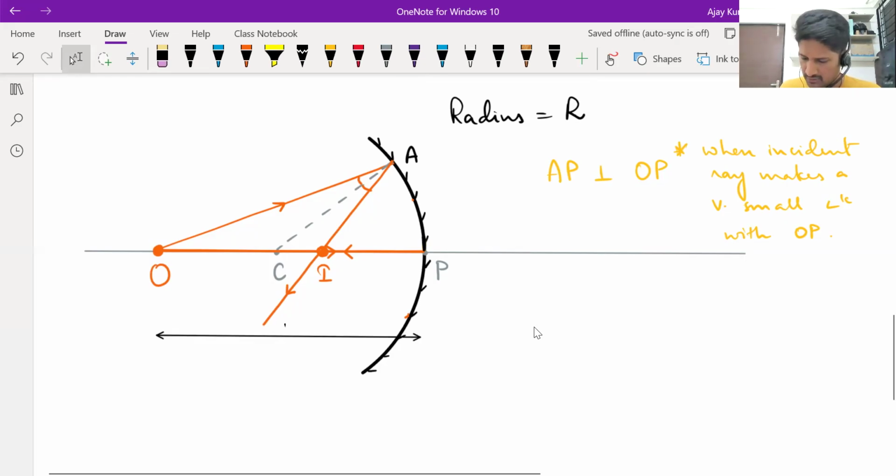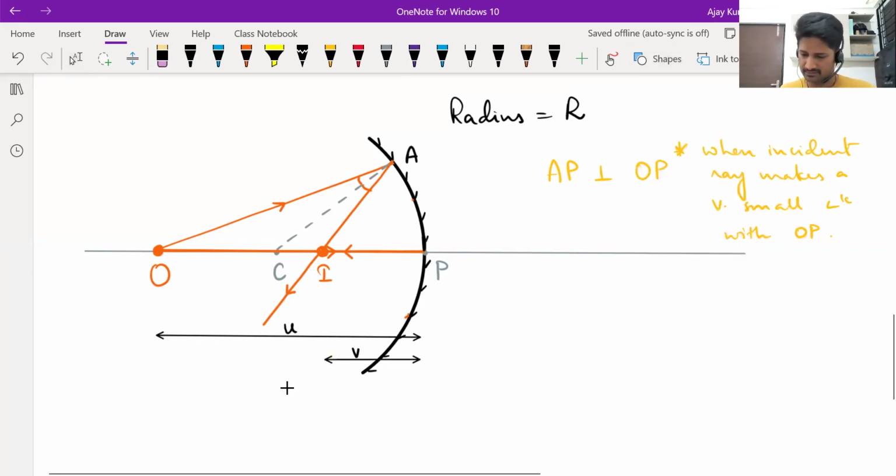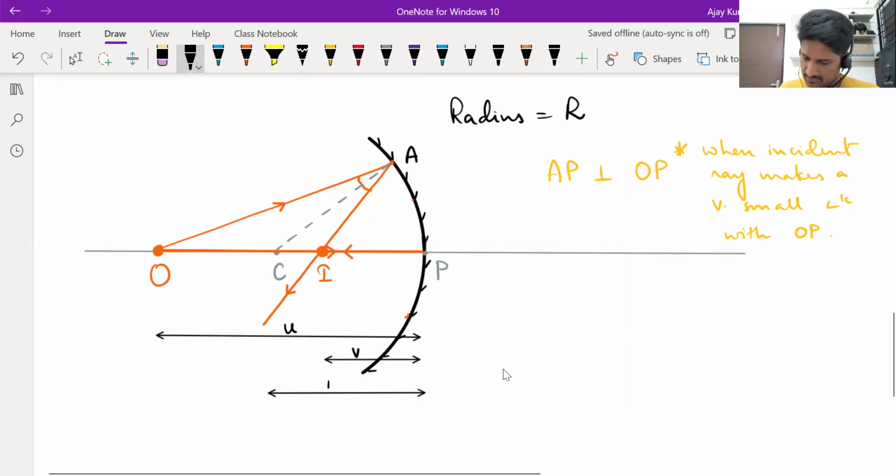Object distance is usually denoted by the symbol U. And the image here is at a distance V. And from the center of the sphere to P, that distance is called the radius. So C to P is the radius.